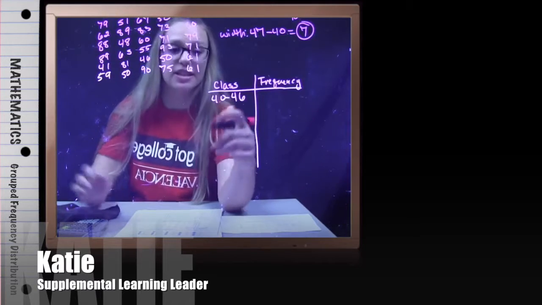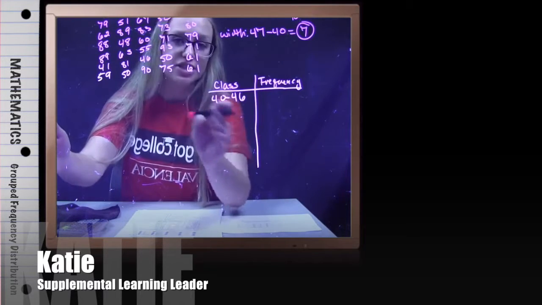Which means if I want to get the rest of the classes, all I'm going to do is add 7 to each side of our class.